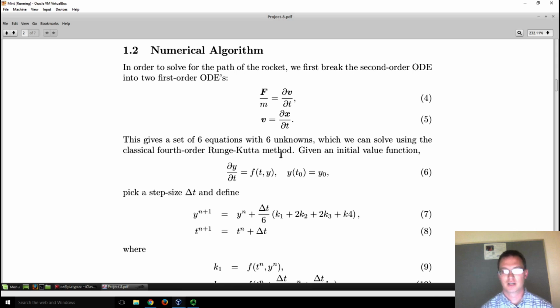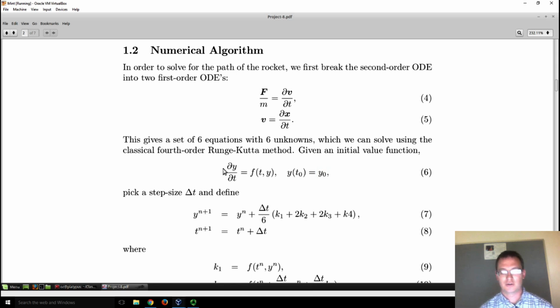Okay, so we have our basic description of the Runge-Kutta method. We have an initial value function where the partial of y with respect to t is equal to some function, and this function is a function of time and y. And of course it's an initial value problem, so we know the starting location and the starting velocity, which is 0.